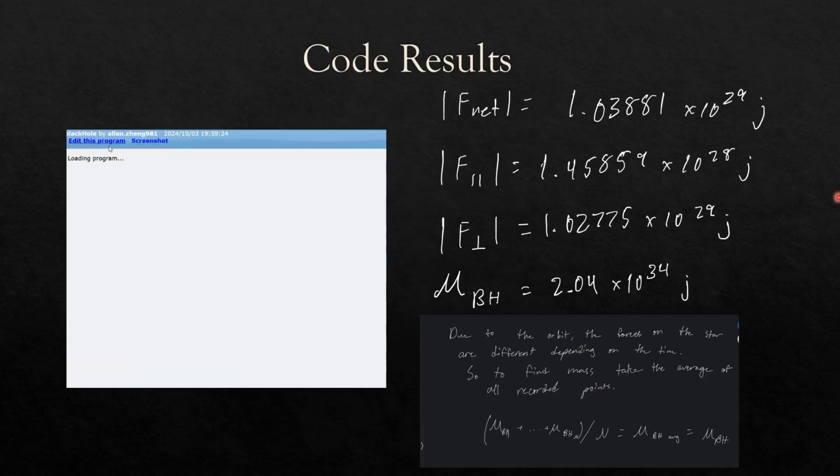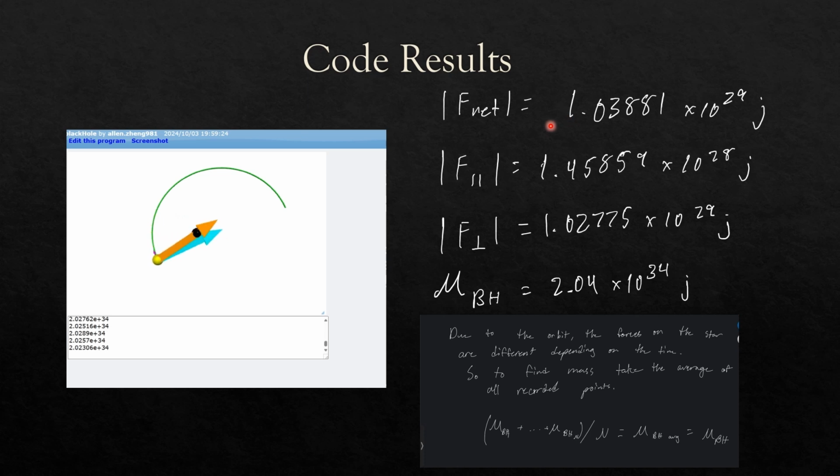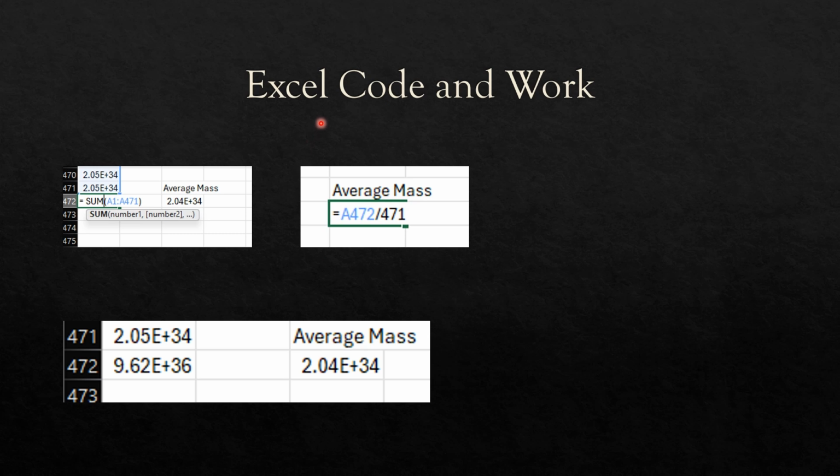So next thing is the code results. So here's the code running. Due to the fact that the code gave so many slightly different masses due to F net changing, caused by the orbit, because r is changing depending on the location, we have to find the average of all the masses and assume that m average, or mass average, is equal to the mass. So right here is the Excel work.